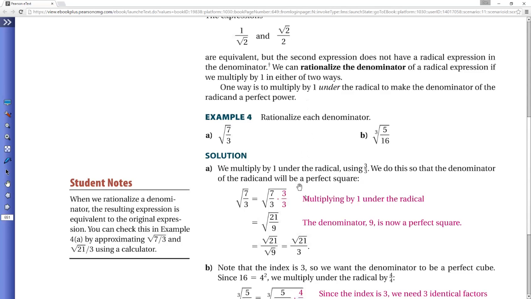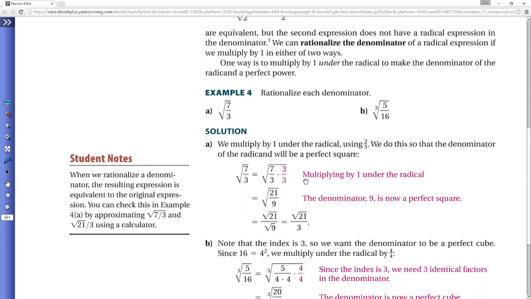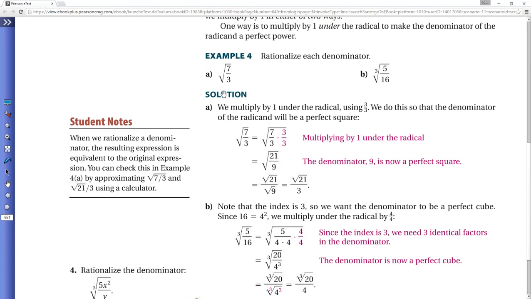The way I describe it is a little bit differently than this one, which has the same effect. So if we have the square root of 7/3, the solution is to multiply by 1 under the radical, is what they do here. Why did they pick 3 over 3? They don't really explain that. Well, we want to get a perfect square in the denominator of this fraction.